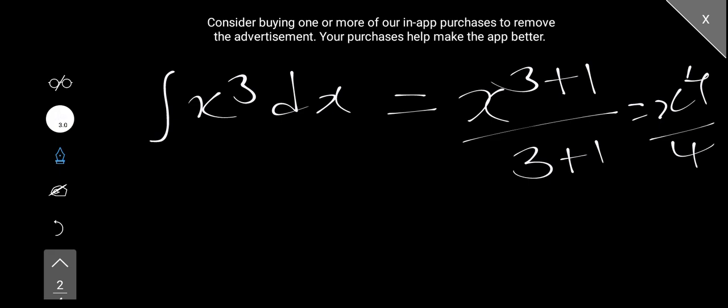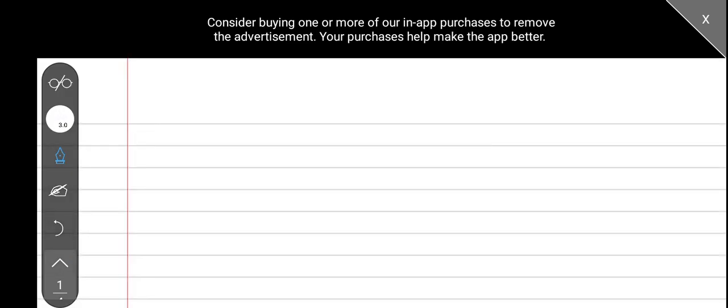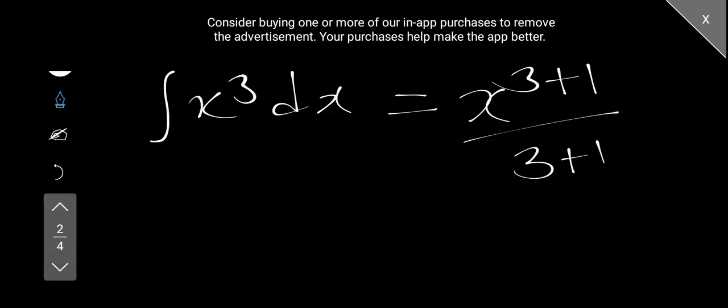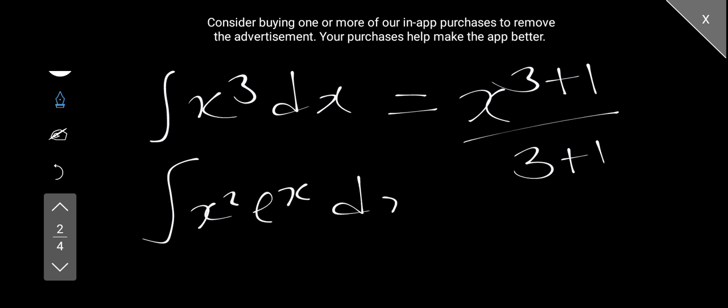So what will happen if we have a function like this one? Integrate x squared e to the power x dx.